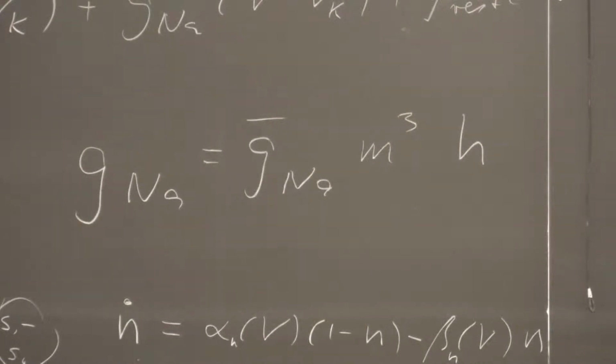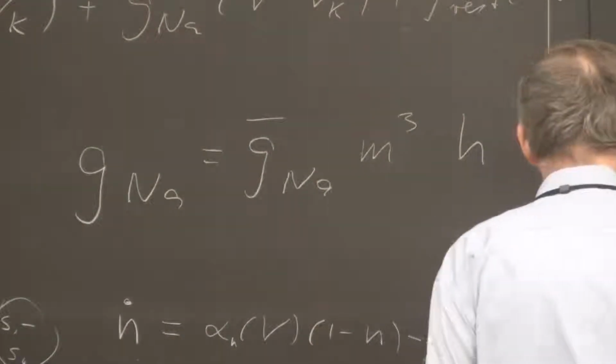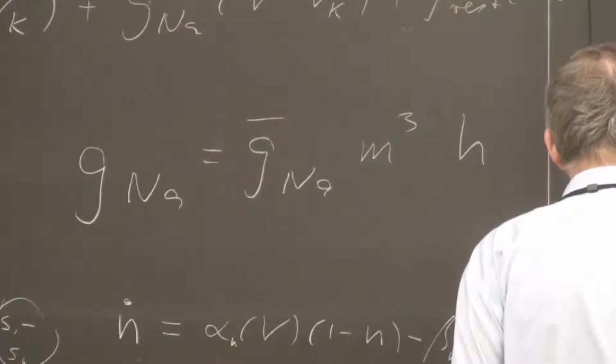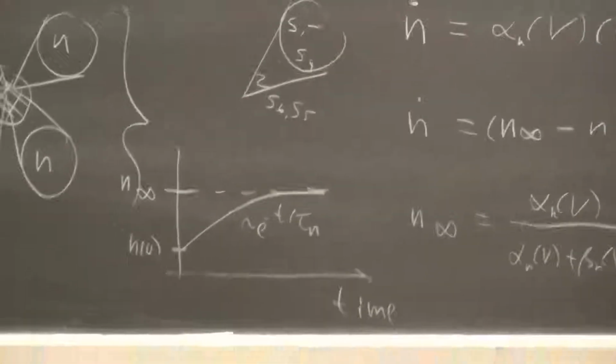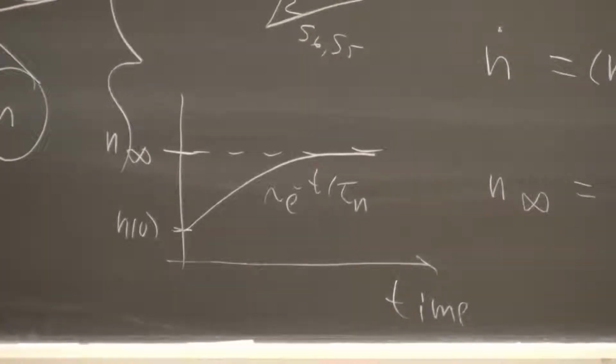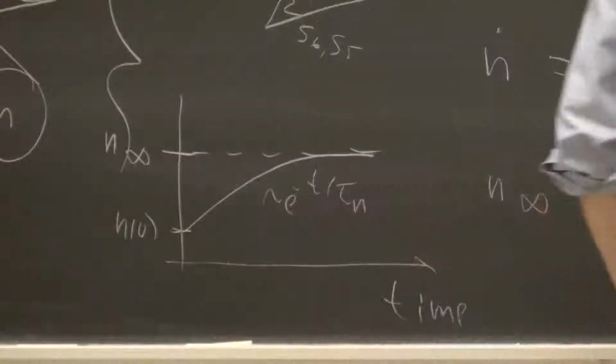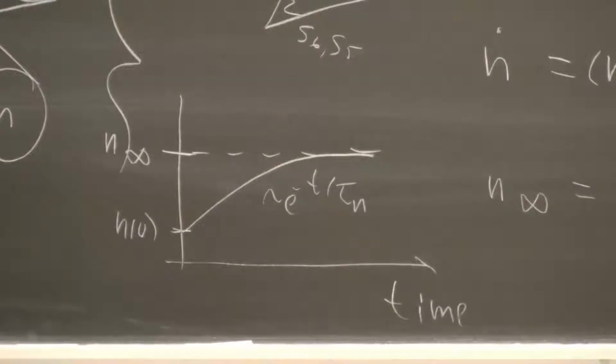Now, we can look at this channel in the following way. So we can look at the potassium channel as S1 to S6 coming from this unit. So I call this one S1 to S6. We connect it to a second S1 to S6. We connect it to a third S1 to S6.